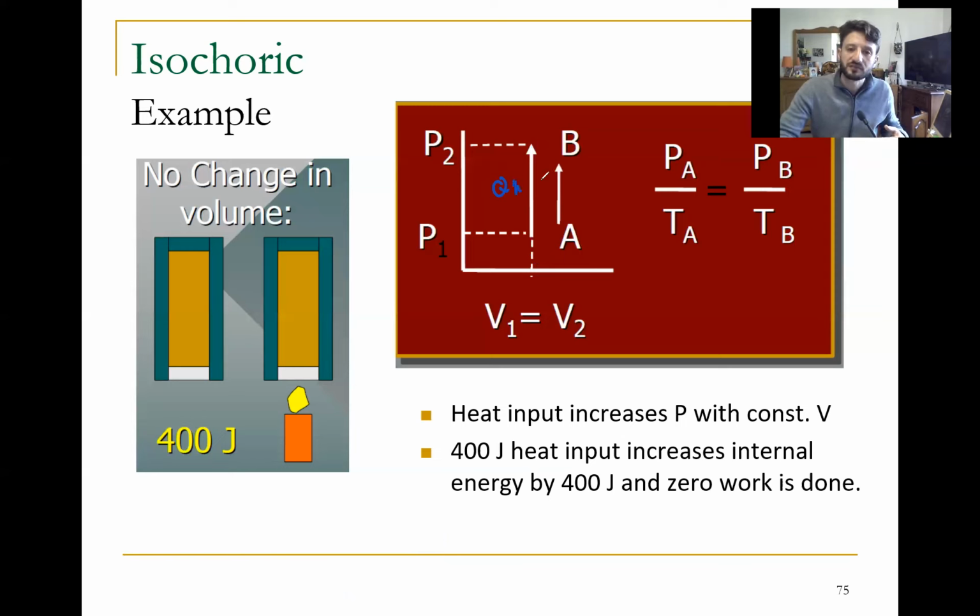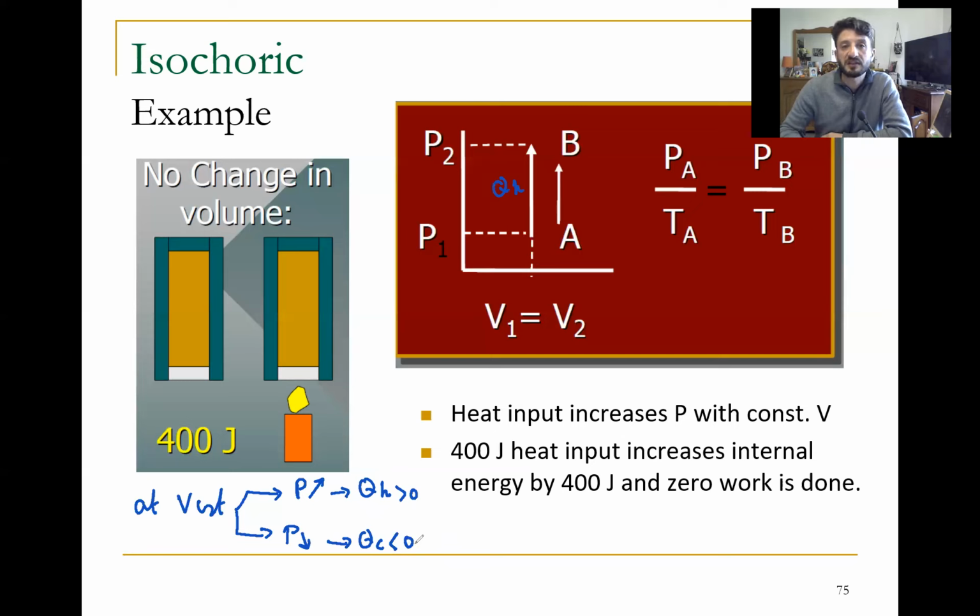Okay, so here at V constant, we have two cases. If we want to increase P, we have to add Q hot. If we want to decrease P, we have to release Q cold. Q hot is positive and Q cold is negative.